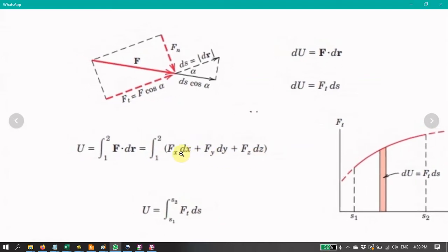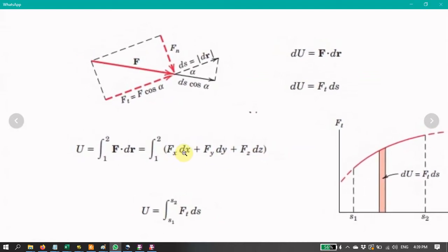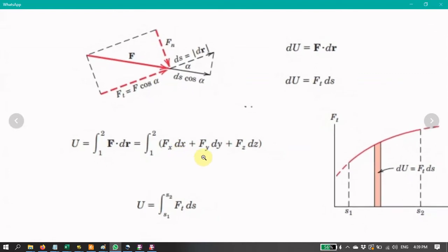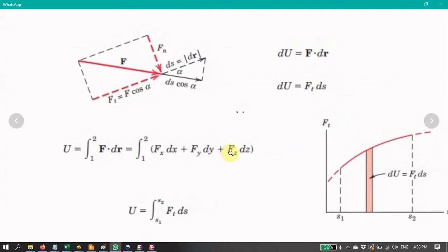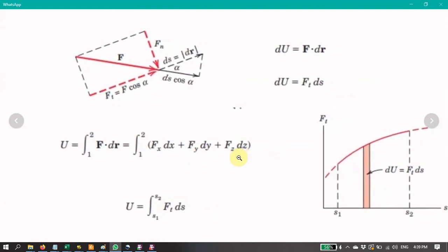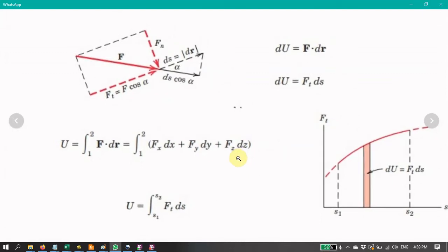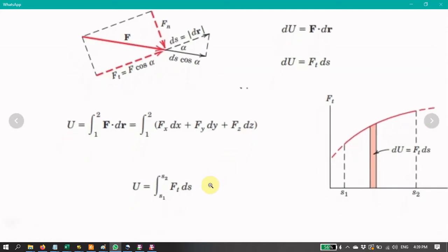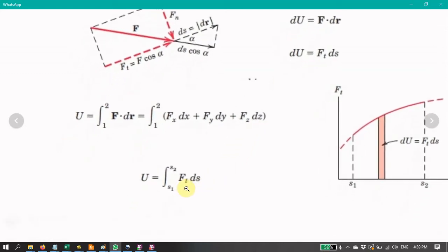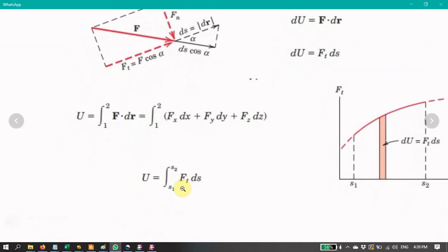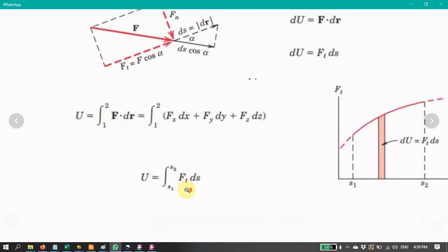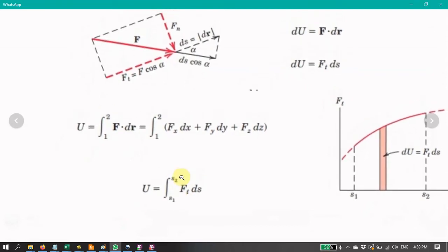So the force Fx acts on the distance traveled in x, Fy on distance dy, Fz on distance dz. If we evaluate using the curvilinear coordinate system, where we have only one single coordinate S, we don't have to break it into components, except to take the tangential component of the force, and then we set the limits S1 to S2, right?